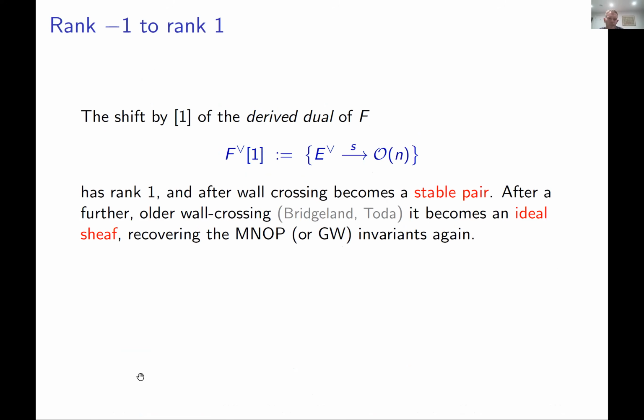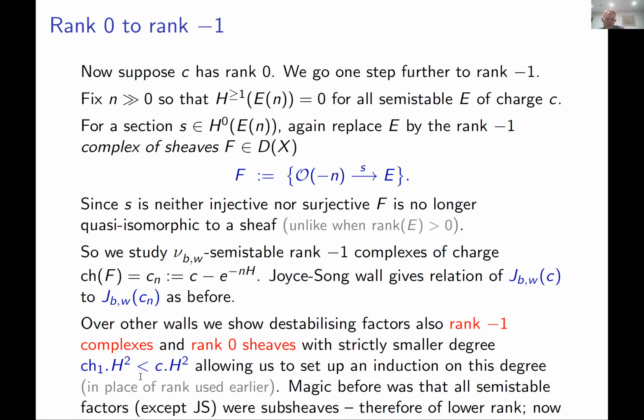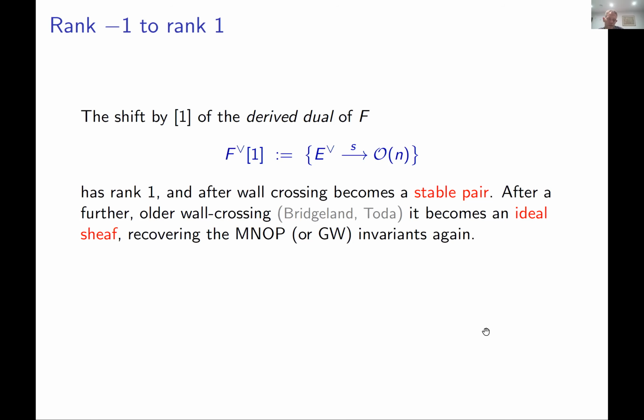Ignore that. Okay, so what we end up doing is proving actually that an induction on this degree here means we can prove that rank 0 DT invariants can be expressed in terms of rank -1 DT invariants, counting stable rank -1 complexes of a certain type. And then it turns out that when you dualize these complexes and shift them by 1, you make them into rank 1 complexes.